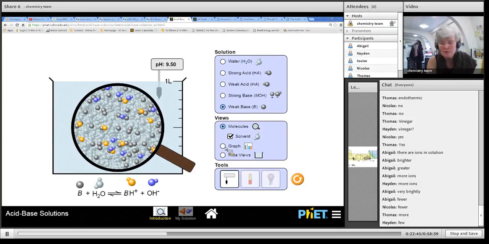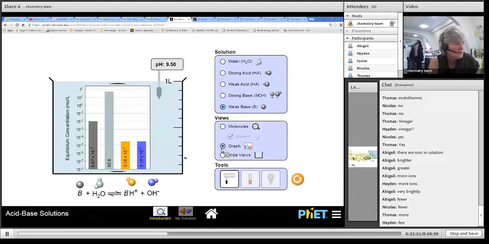Because remember, the fewer hydronium ions we have, the higher the pH. There's an inverse relationship. And you can see over here, we don't even have the hydronium ions showing. There will always be a tiny, tiny bit here, and when you go into level 3, you'll deal with it. So we don't have very many hydronium ions at all, and it's basically all the hydroxide.